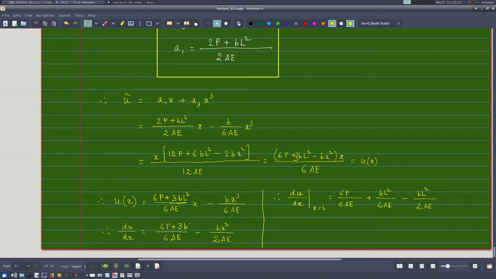So I have 3 here, and this is half, so I get finally p by ae plus bl square by 2 minus bl square by 2, and this is my p by ae.